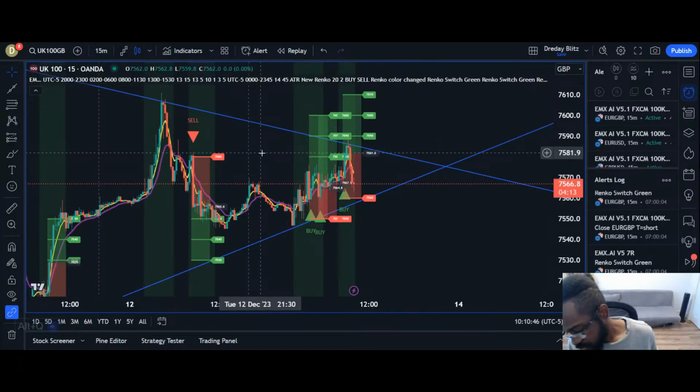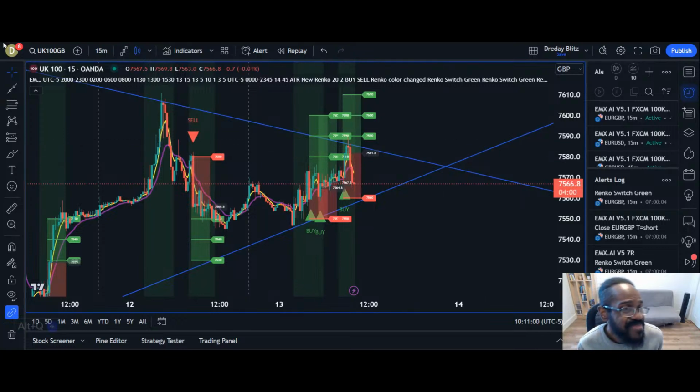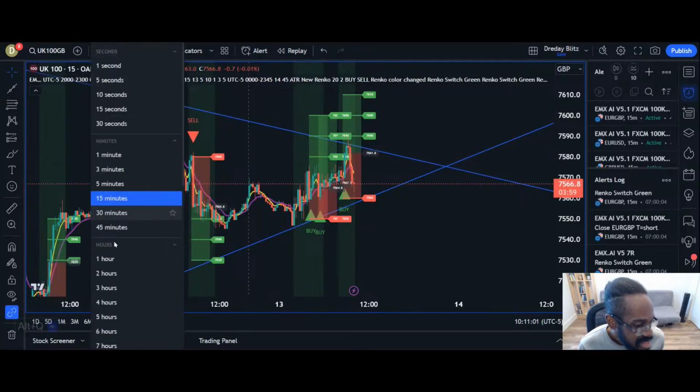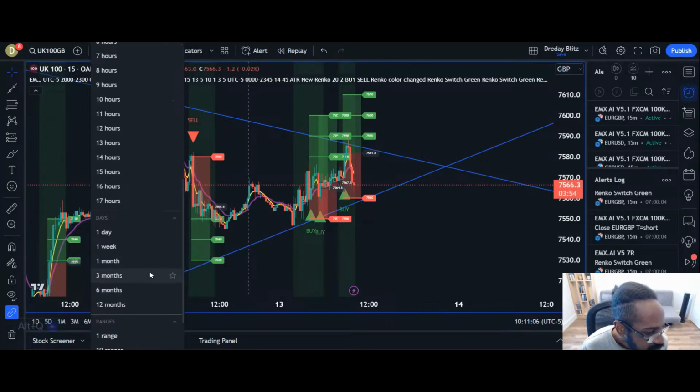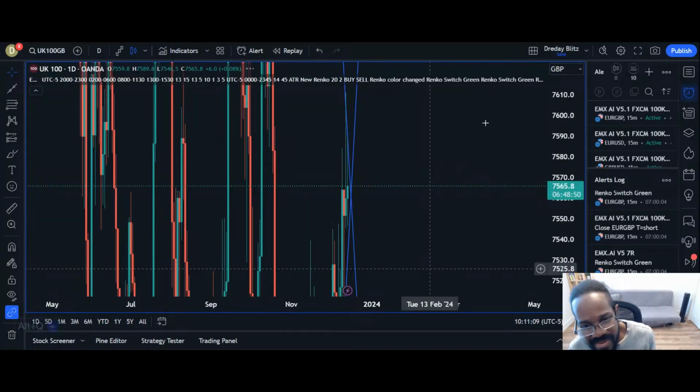And remember, we're mid month, so we still have 2 weeks left before the monthly candle close. So if you go on the higher time frame, I would go on the daily.